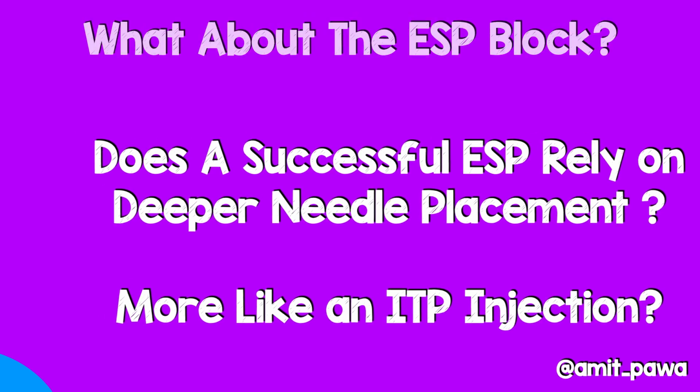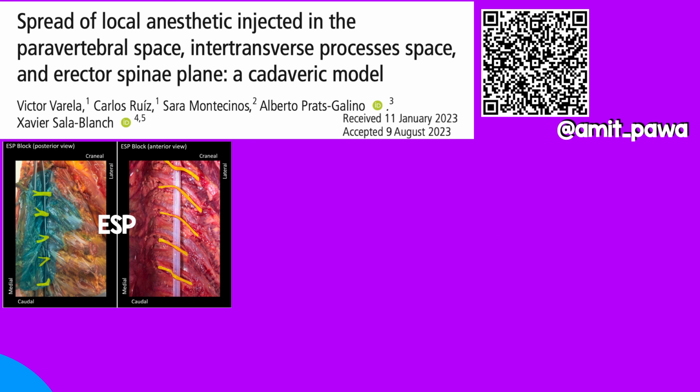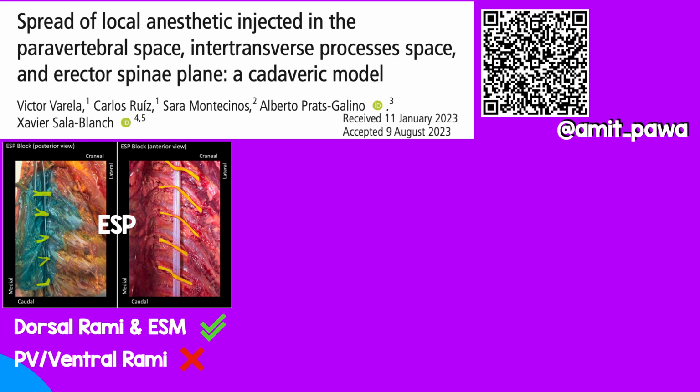Can I back that up with any more studies? Well, actually, yes. There's another recent study that was only published in August 2023. They took 15 cadavers, and in those 15 cadavers, they did 5 ESP blocks, 5 ITP blocks, and 5 paravertebral blocks, and they injected with local anesthetic and methylene blue. Now, if you have a look at the spread that they got from the ESP block, they definitely got very good coverage of the dorsal rami and the erector spinae muscle, but they didn't get any spread at all to the paravertebral space or to the ventral rami.